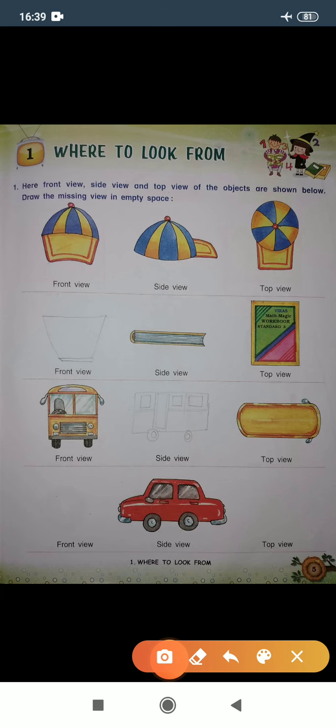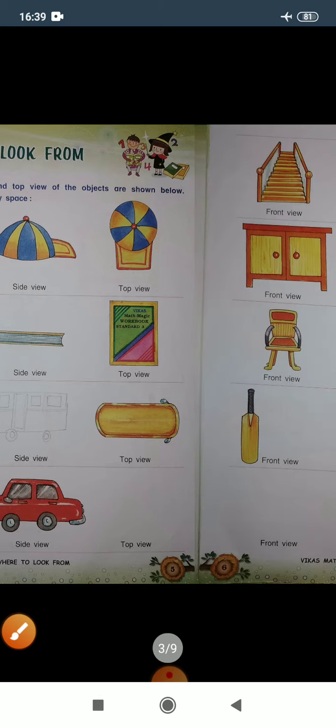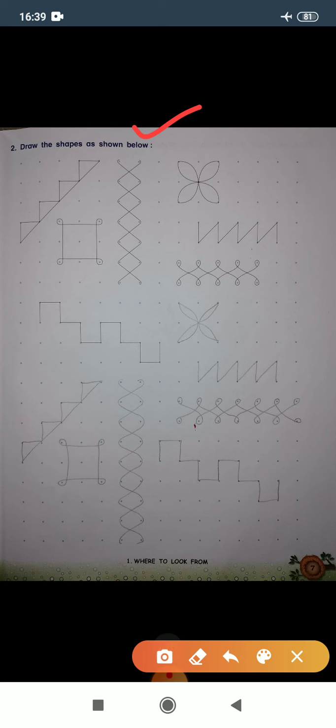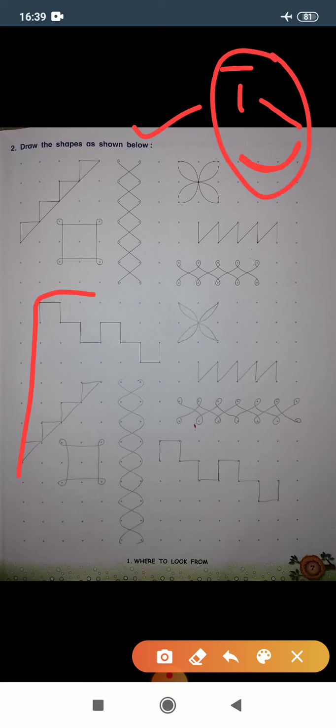In this part we saw many extra questions, in which we learned the front, side and top view of objects. After that we learned to draw the shapes as shown below with the help of dots, and we used horizontal lines, vertical lines, slanting lines and curved lines, and with all these types of lines we drew many interesting figures.